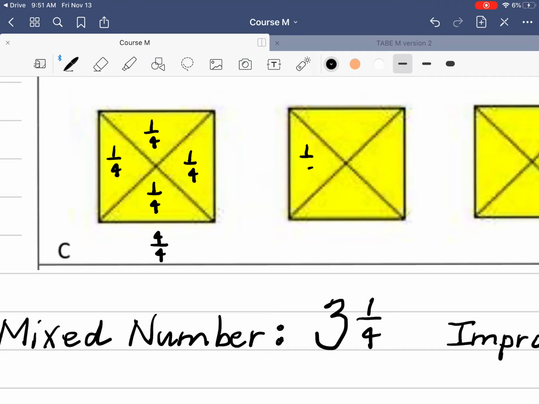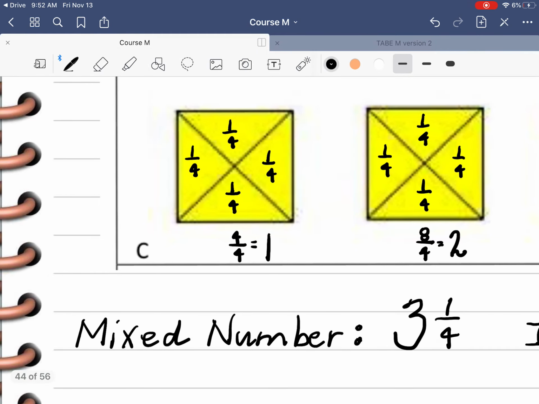Here is another set of 4/4. So this is a total of 8/4, which is 8 divided by 4 is 2. This is 1 whole, this is 2 wholes, which is exactly what we're looking at. 2 whole. If these are pizzas, we have 2 whole pizzas.